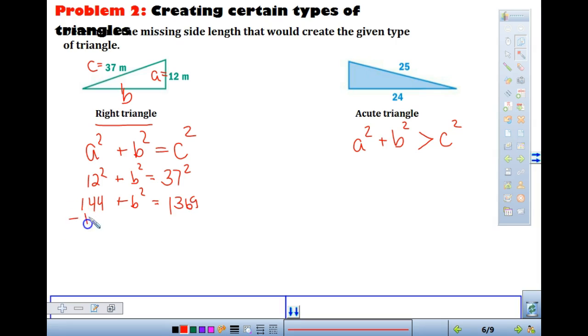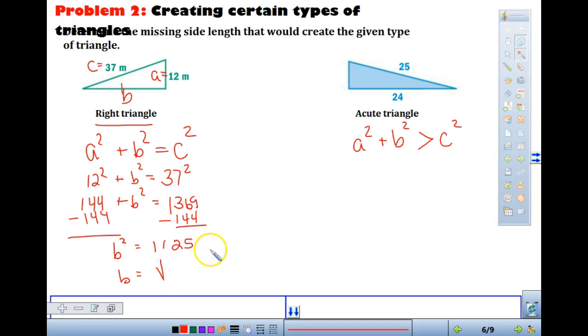And now I'm going to subtract 144 from both sides, right? And b squared is equal to 1,125. Elijah, what'd you get for square root of that?